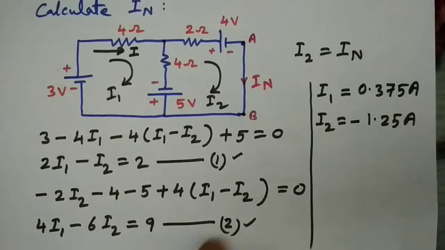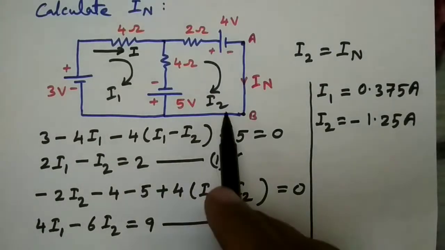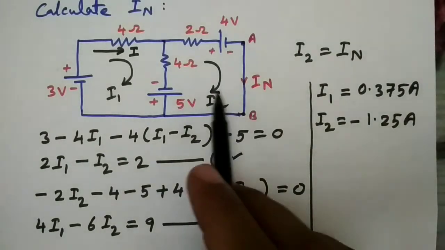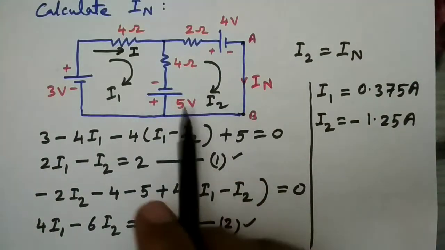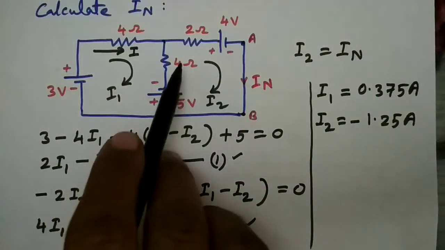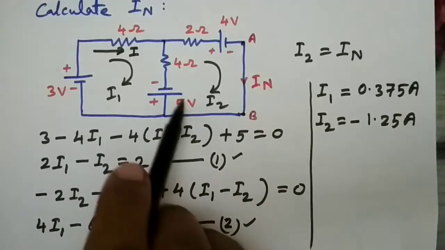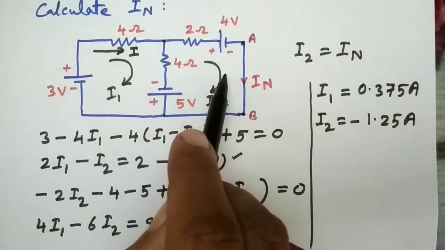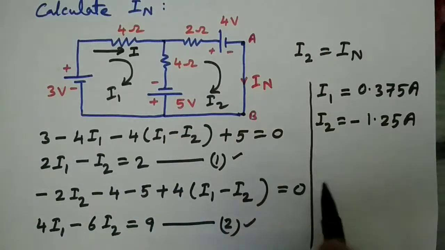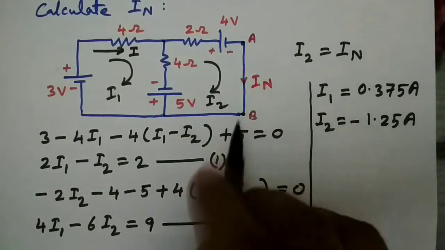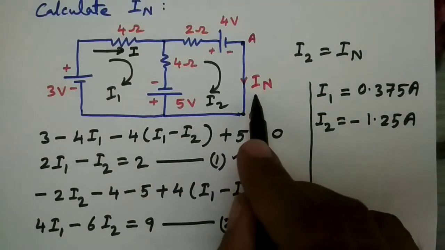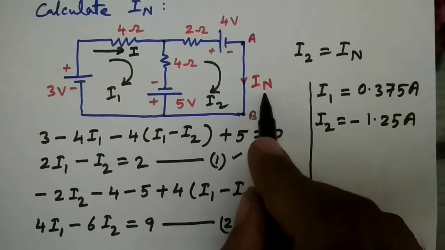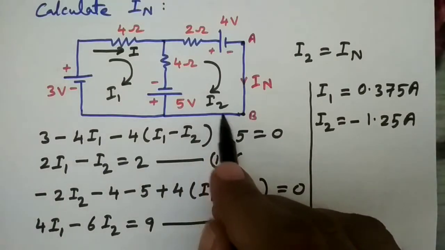Remember one thing, the minus sign indicates the direction of the current is opposite to what we have assumed earlier. Here we assumed the current I2 in clockwise, but actually the current will be flowing in anti-clockwise direction. So the value of IN, that is the Norton equivalent current, will be the same as that of I2.